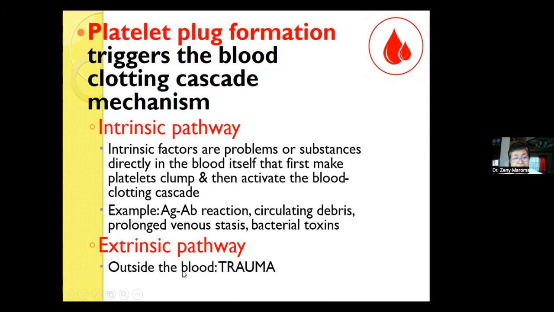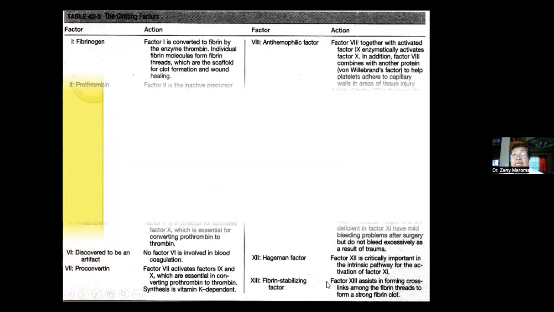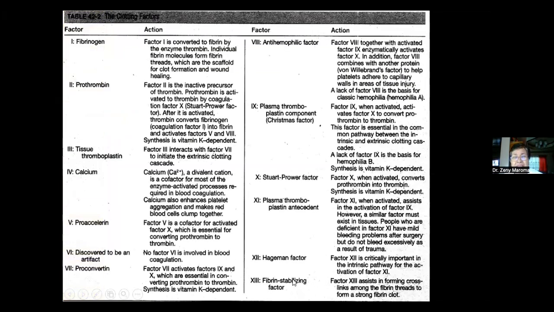While in the extrinsic pathway, the stimulus is outside the blood, for example trauma, like a stabbing or gunshot. And we need not just platelets but also clotting factors. The liquid portion of the blood, the yellow portion, the plasma, contains the clotting factors.